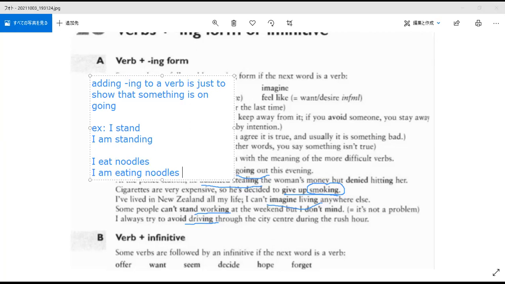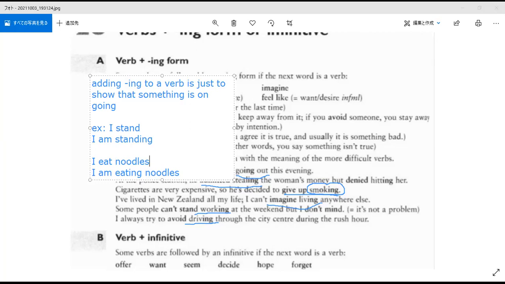Kalau misalnya I am eating noodles itu saya sedang makan noodles. I guess it's more specific when you're saying I am eating noodles. Jadi kan itu lebih spesifik gitu ya. Kan saya sedang melakukan sesuatu gitu. Lebih pastinya lagi. Kalau misalnya I eat noodles, it could just say if someone asking you, what do you eat? I eat noodles. Just that.